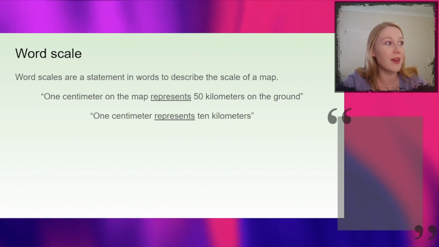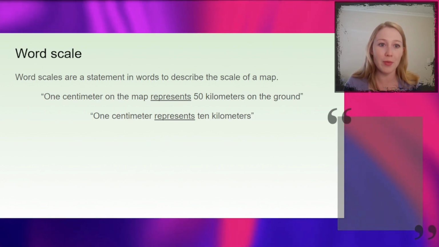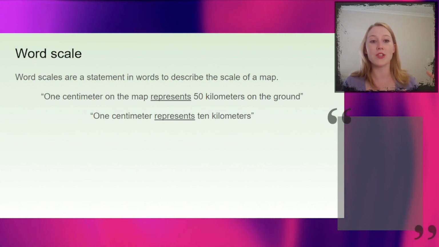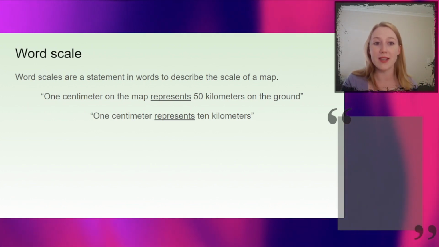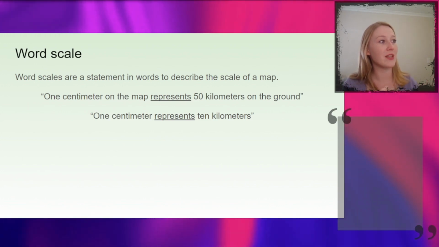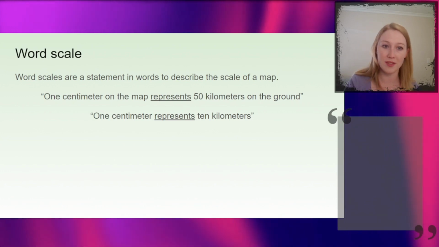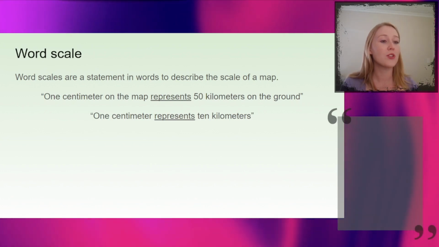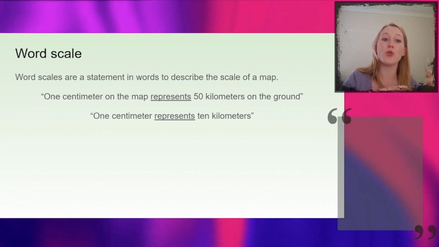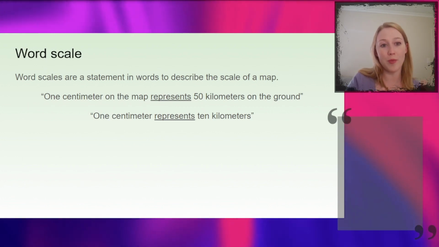So if we measure a centimeter on the map, it usually has a certain distance that it's representing. So if I measure a centimeter, in real life, that centimeter is actually 500 meters. The scale tells us how much bigger the real distance is from the map.